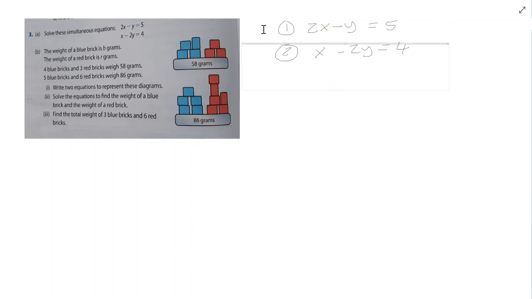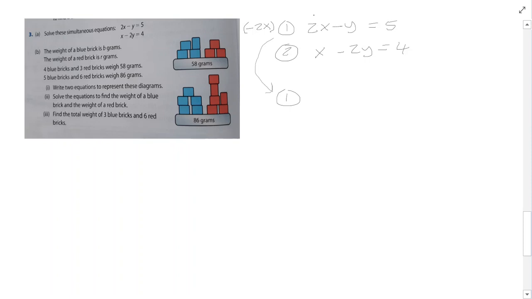So the first thing we have to do is multiply everything in equation 1 by minus 2y, or sorry, minus 2. So we just multiply it by minus 2, and we rewrite it down here.